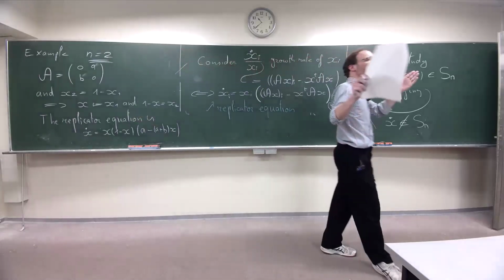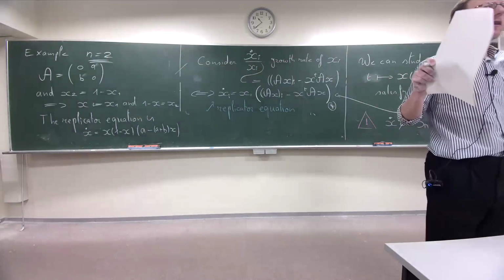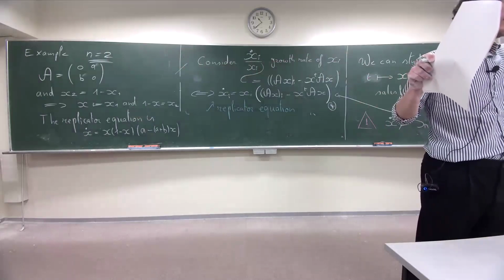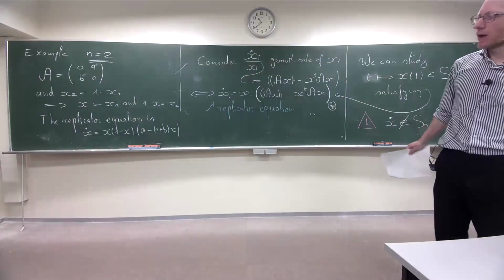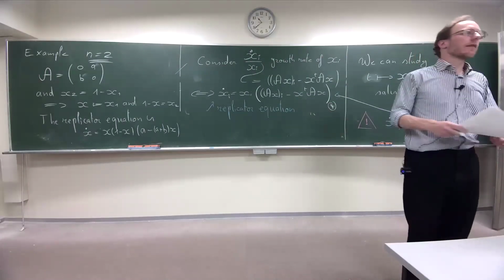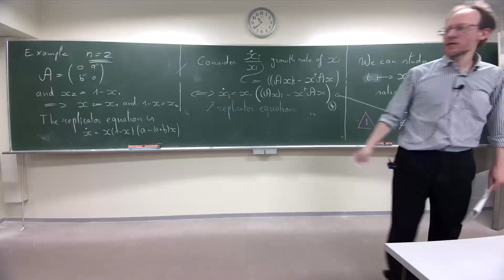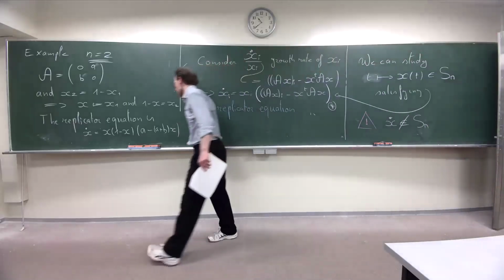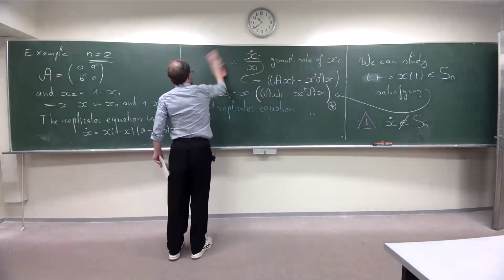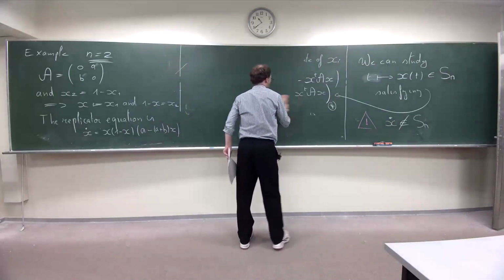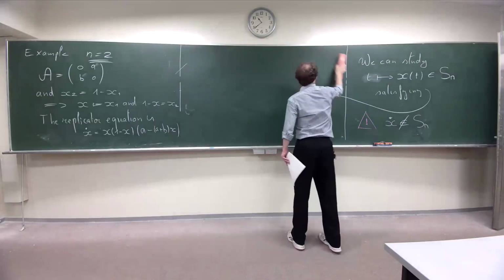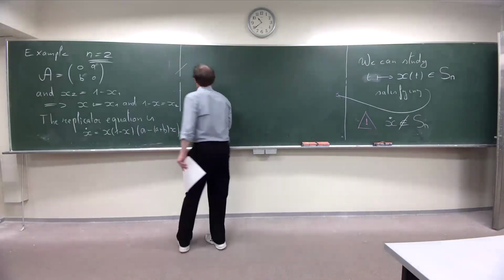So you have boundary conditions. x cannot become larger than 1. It cannot be smaller than 0. x is between 0 and 1. But you can study this equation and you will observe different things depending on a and b. So what you observe, for example, so observations.